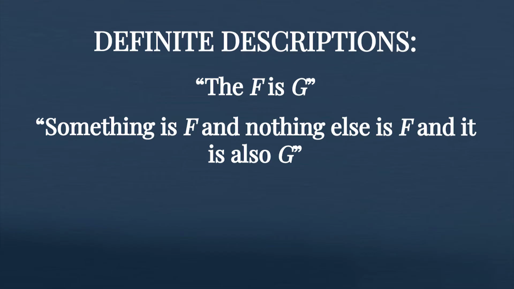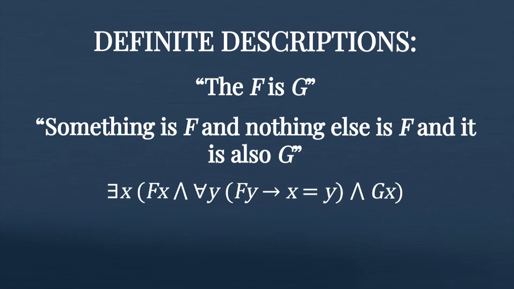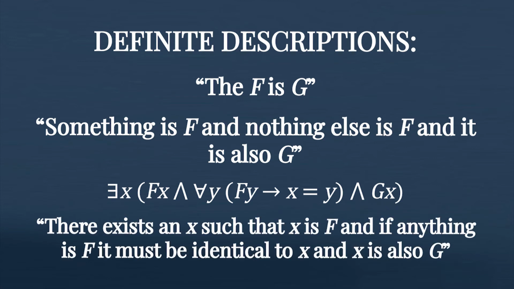It must be said that anything else that is F is identical to the thing already said to be F. The reason is because logical languages use identity claims to quantify numbers of objects. So in logical notation, it would be translated as follows. This logical sentence can be read as saying, there exists an X such that X is F, and if anything is F, it must be identical to X, and X is also G.